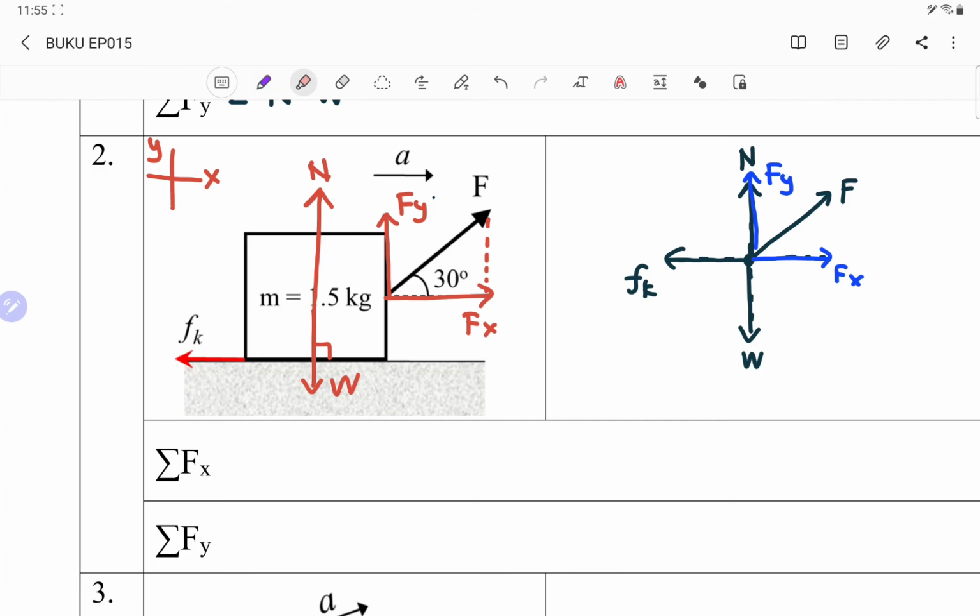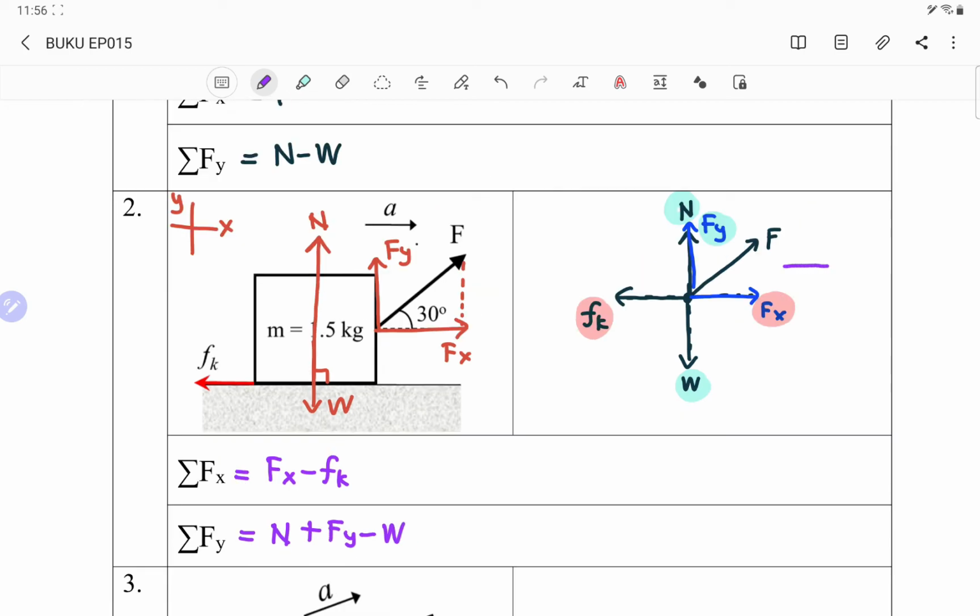To write the equation for the x-axis, we look at what components we have along x. We have Fx and Fk, so therefore equals Fx minus Fk. Along y we have N, Fy and also W. Going up is positive, so N and Fy also go up, so they are added, minus W in the opposite direction. And remember, Fx is positive because it follows the direction of motion.